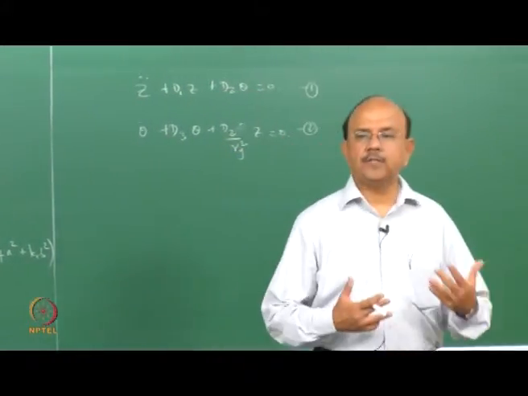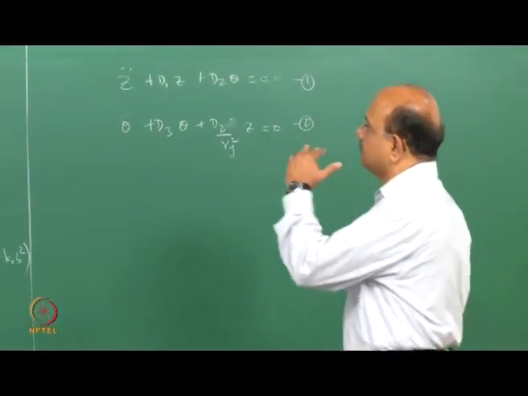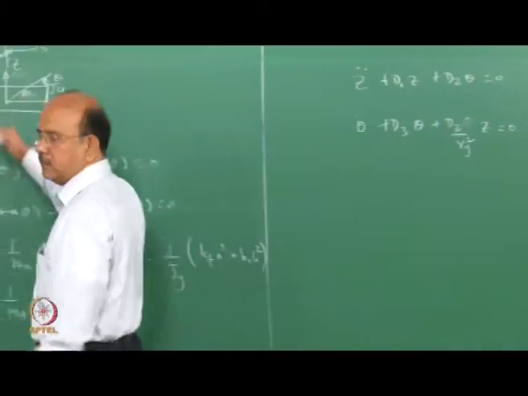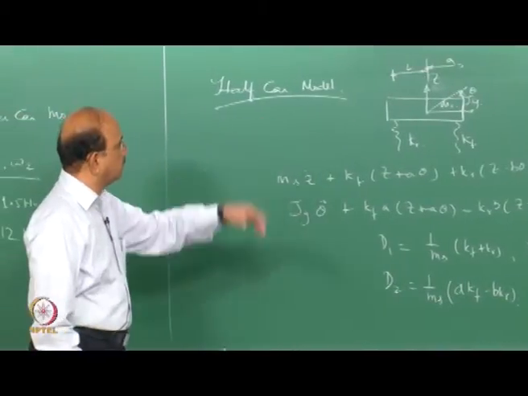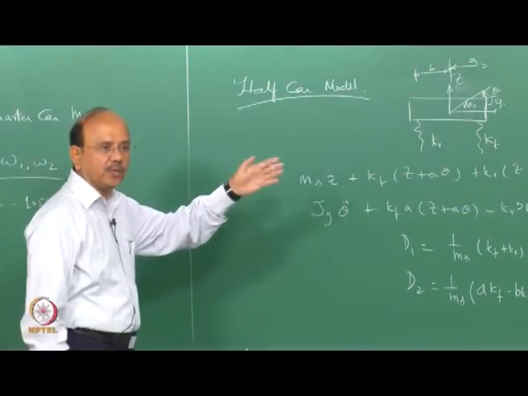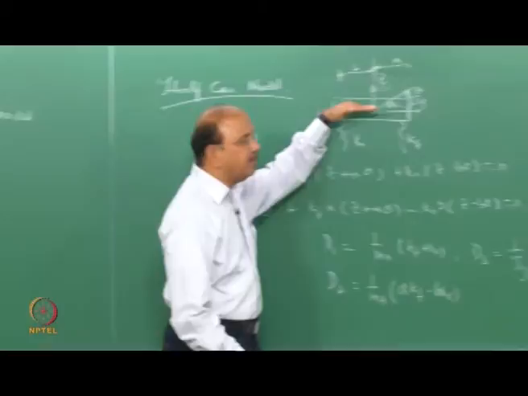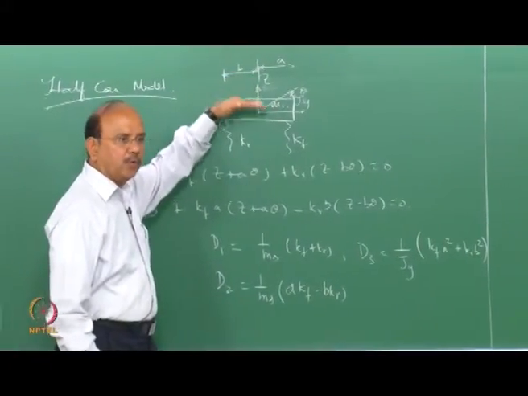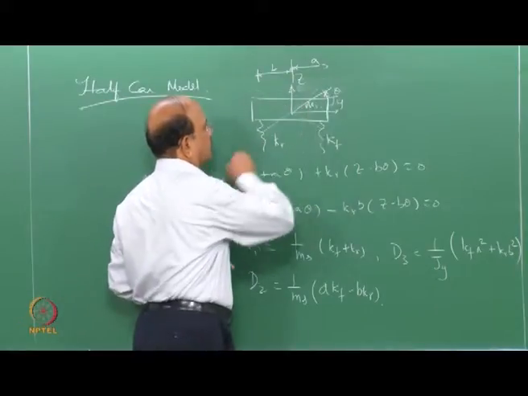What is meant by uncoupling? Then this body, which is our sprung mass, would vibrate at the two frequencies you would get, and for one frequency there would only be a pure bounce mode, and for the other there would be a pure pitch mode.